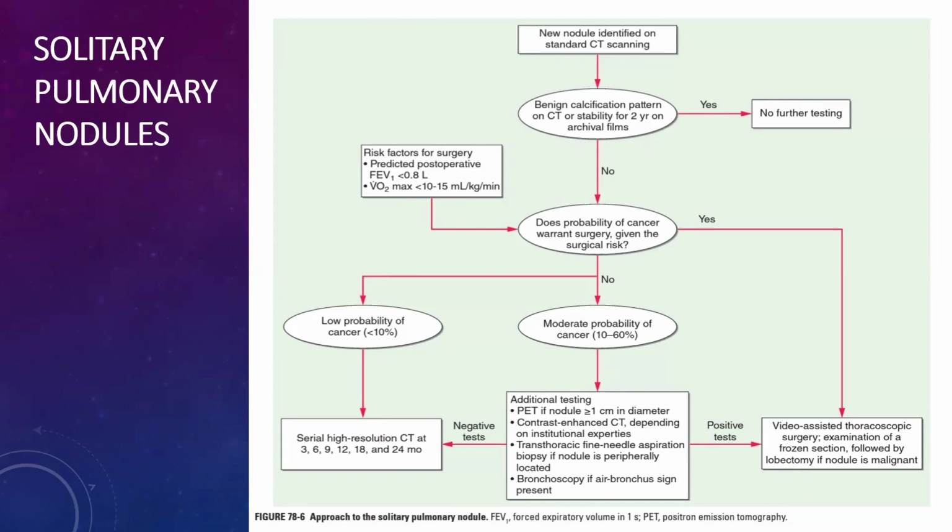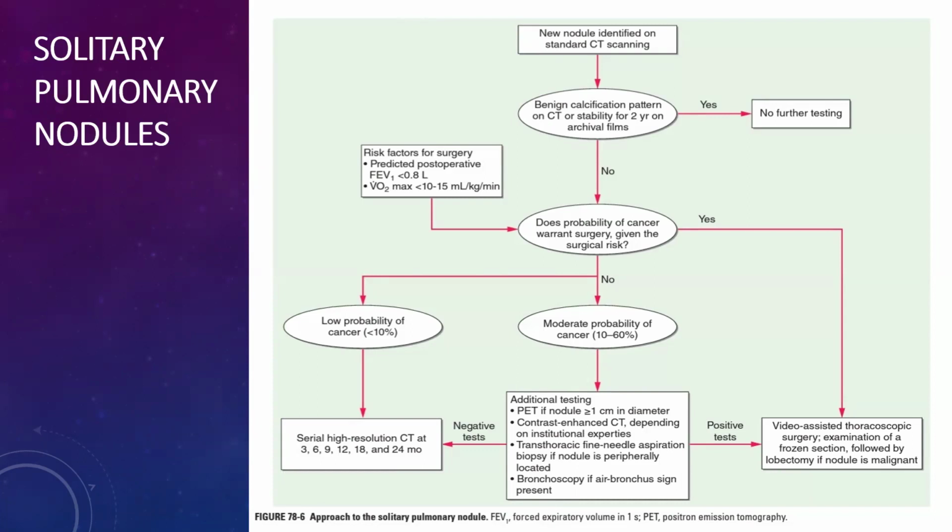If your patient is at moderate probability of developing cancer, then we do further diagnostic tests. We do a PET scan if the nodule is more than or equal to 1 centimeter, or a contrast-enhanced CT scan. We can also do a transthoracic fine needle aspiration biopsy if peripherally located, or a bronchoscopic biopsy if the nodule is more centrally located.